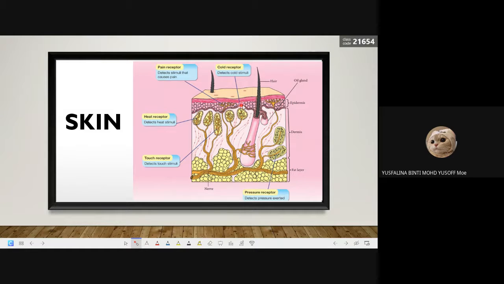You can see the nearest receptor to the layer of the skin is the pain receptor. So this is your skin, and the first receptor you will find is the pain receptor. This one is the most important one. If you put it far away from your skin, it's hard for the receptor to sense the pain.